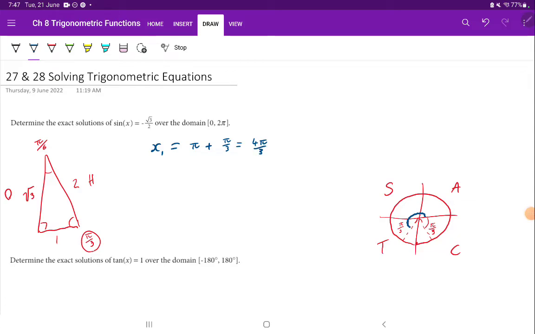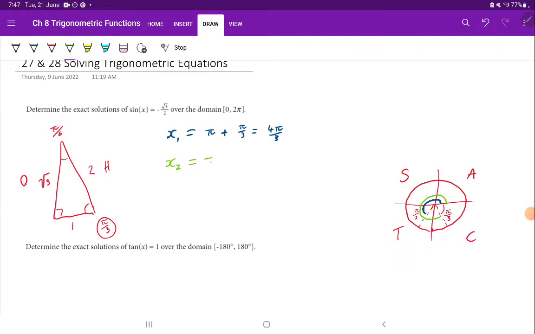The second one, let's do it in green. This one is going to be x2, let's say, and this is going to be 2 pi minus pi on 3. And so that's going to be 6 pi on 3 minus 1 pi, so it's going to be 5 pi on 3. So these are my two base solutions.